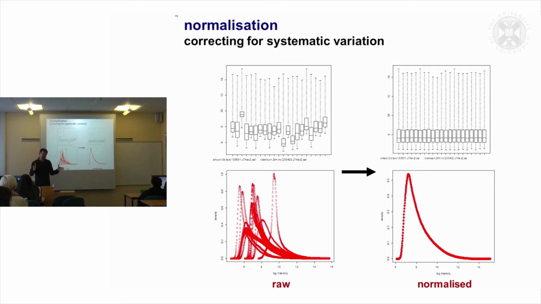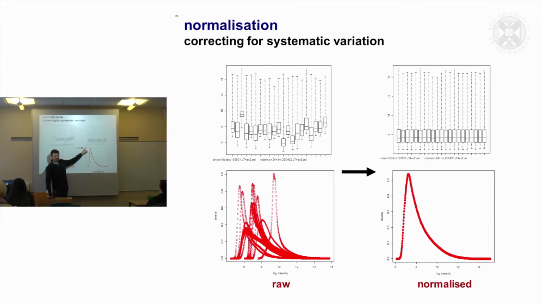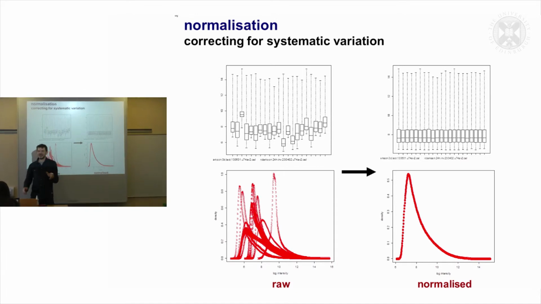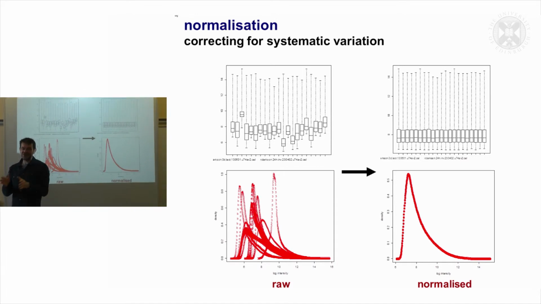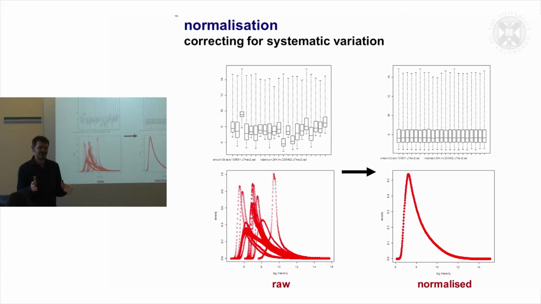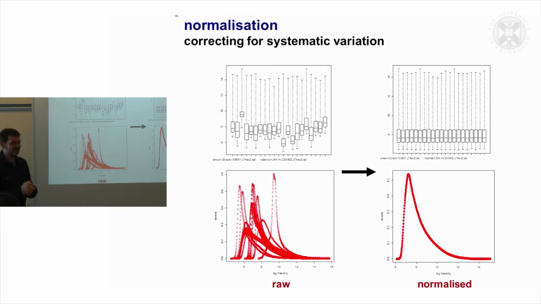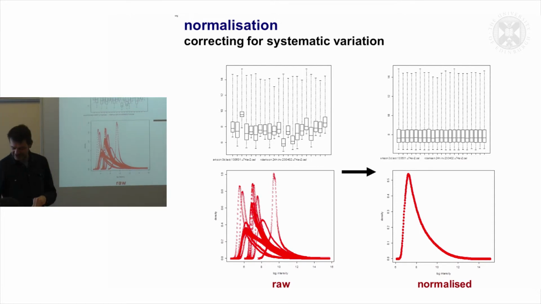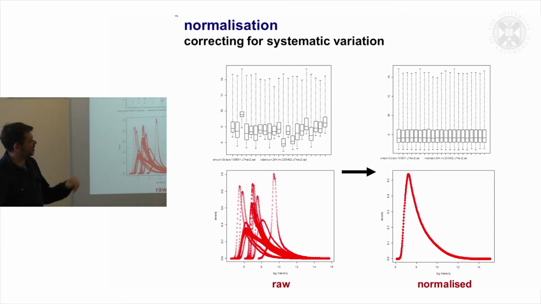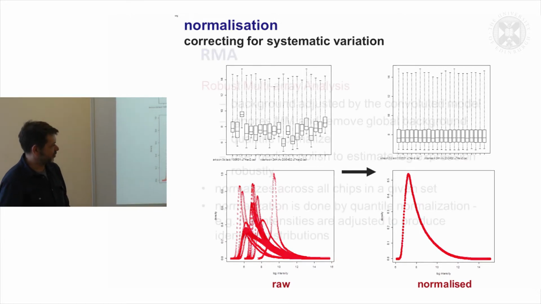There are certain assumptions you make with normalization, and data which is normalized, no matter how crap it was in the first place, will always look lovely after normalization. That doesn't mean that normalization makes bad data into good data. It just makes it look good. But underlying there's nastiness that you will find when you look at it in other ways. So you can make bad data look good, but it doesn't make it good, if you know what I mean.